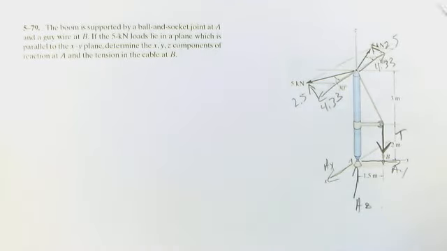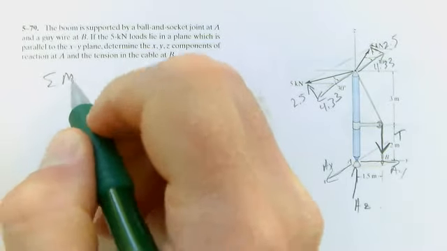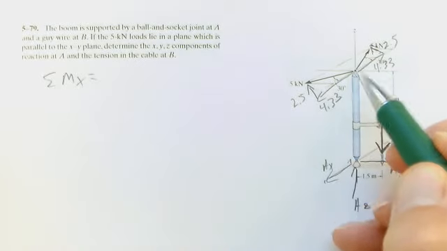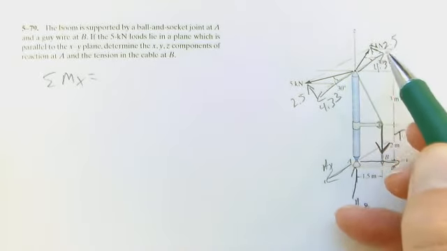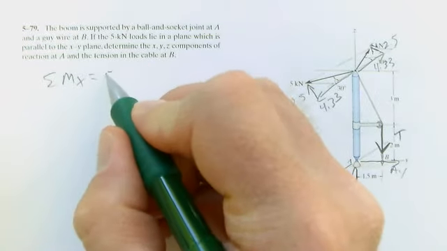Okay, so our unknowns are T, Ax, Ay, Az. So I'm going to start by summing the moments about the x-axis. If I sum the moments about the x-axis, Ax, Ay, Az don't matter. Our only unknown is T. Sum of the moments about x equals... Now, because both of these are acting at that point, we can just add those together. So 2.5 plus 2.5 is 5.